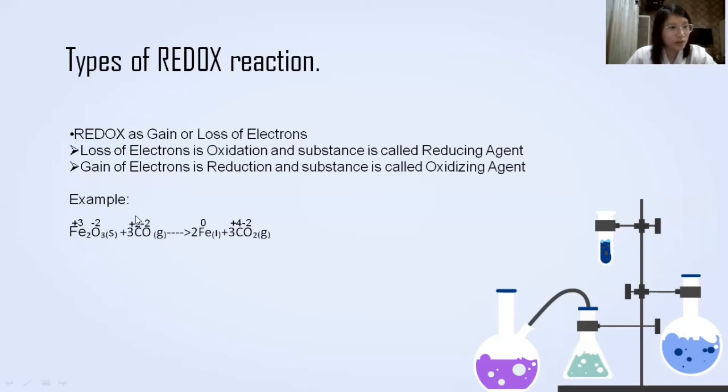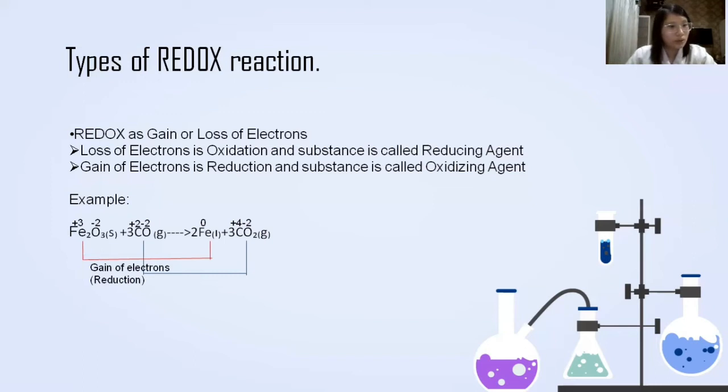Carbon in carbon monoxide will be +2 and oxygen will be -2. Iron here will be 0 because it's a free element, and carbon in carbon dioxide will be +4 and oxygen will be -2. So now we can determine which reactant will lose or gain electrons.